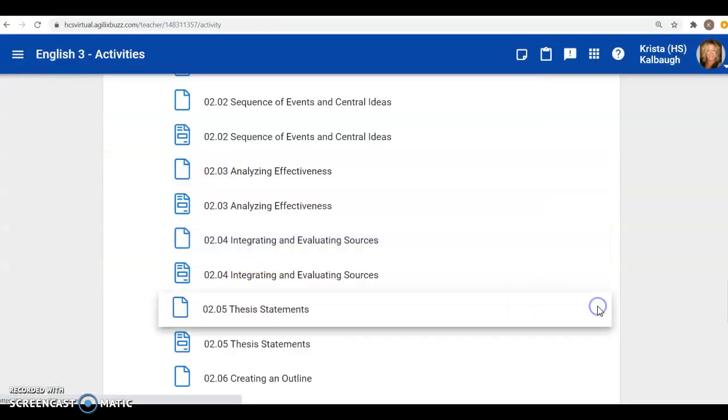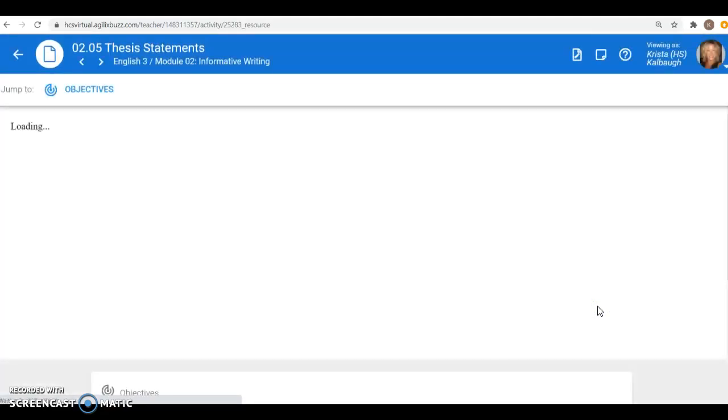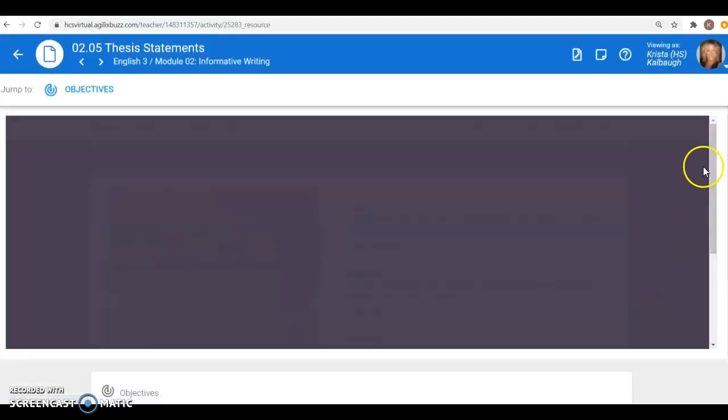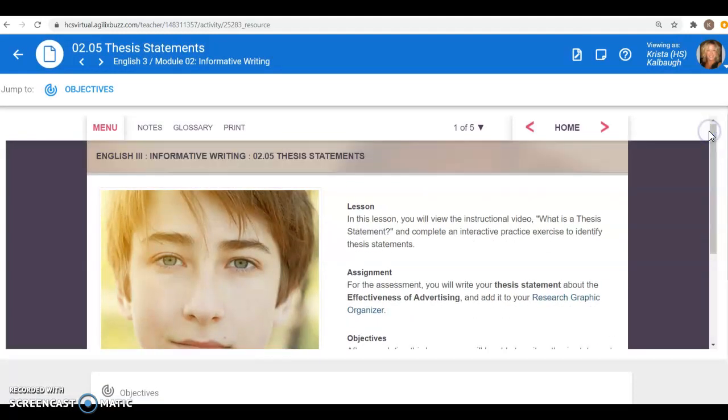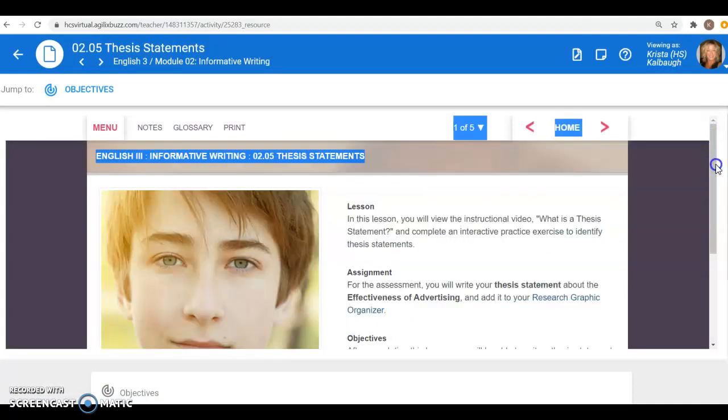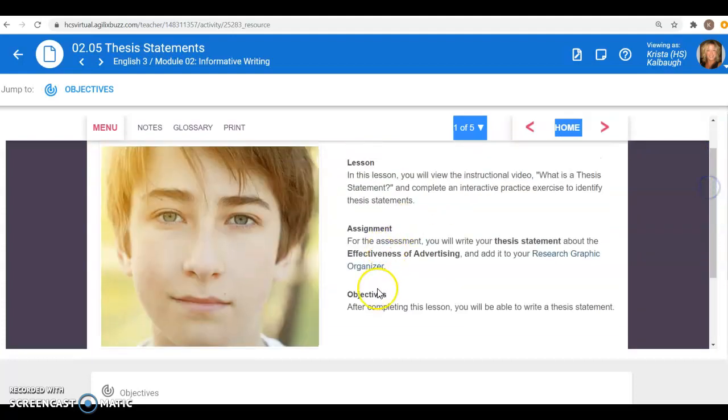So let's click on the thesis statement lesson. I would say most of you probably are aware of what a thesis statement is, but just to review, we'll take a look at that in a second. At the beginning of the lesson, writing a thesis statement is going to be the assignment for 2.05.